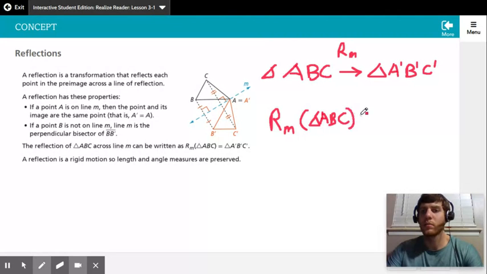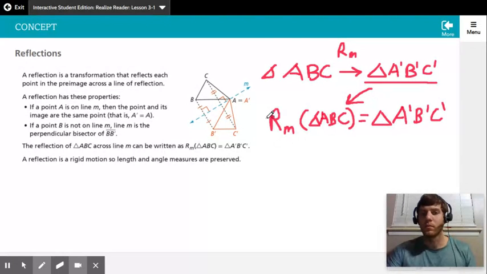is going to be equal to triangle A prime, B prime, C prime. Another way to write this notation is the reflection over line M of triangle ABC. This means triangle ABC is being reflected over line M to create triangle A prime, B prime, C prime.